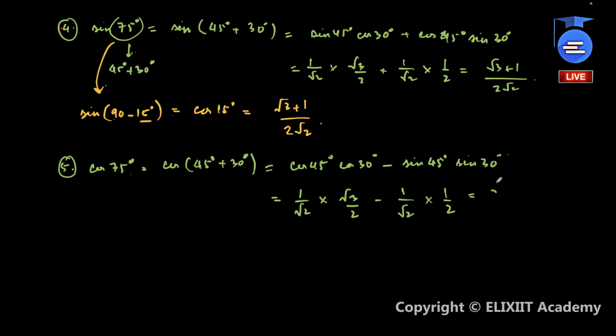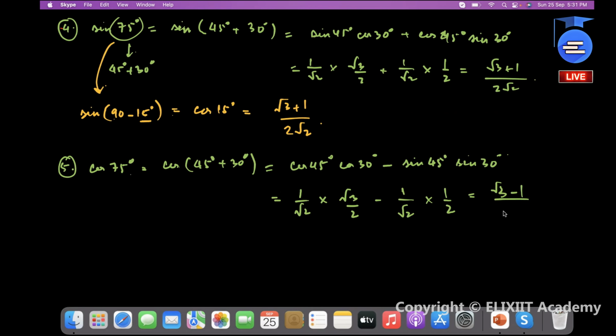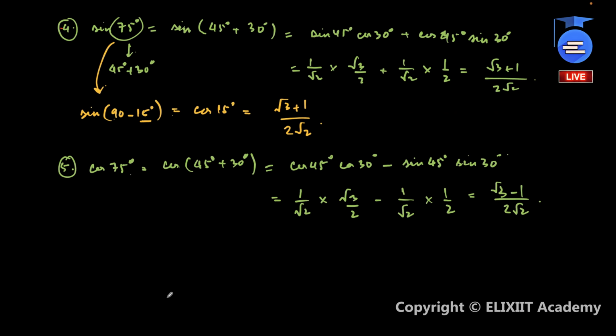So here we have root 3 minus 1 divided by 2 root 2. So you can clearly see from here cos 75 is root 3 minus 1 divided by 2 root 2.